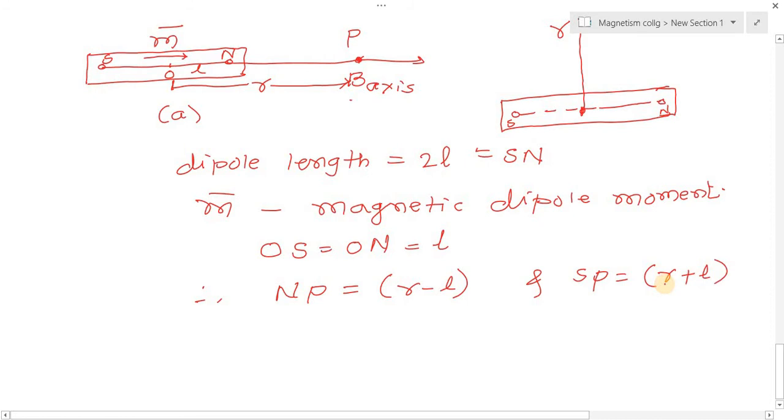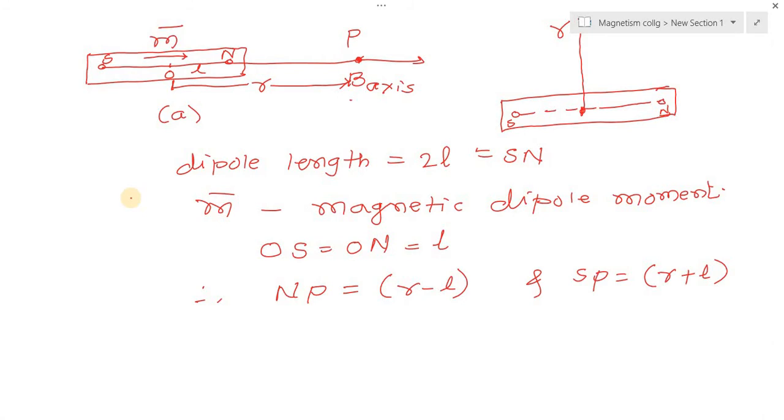So here from the diagram, we can find out the two distances. OP is equal to ON plus NP, so NP is equal to OP minus ON, so r minus l. SP is OS plus OP. So OS is l and OP is r, so r plus l there.